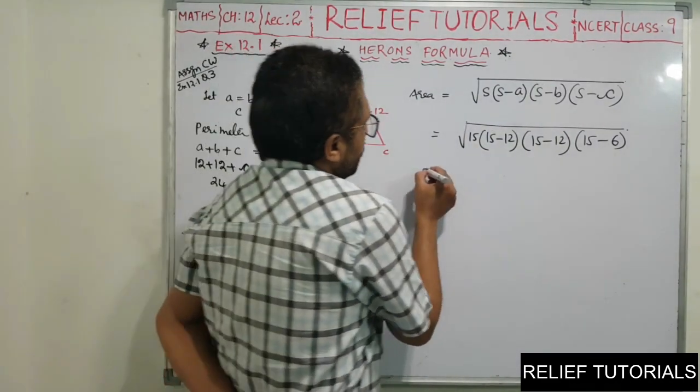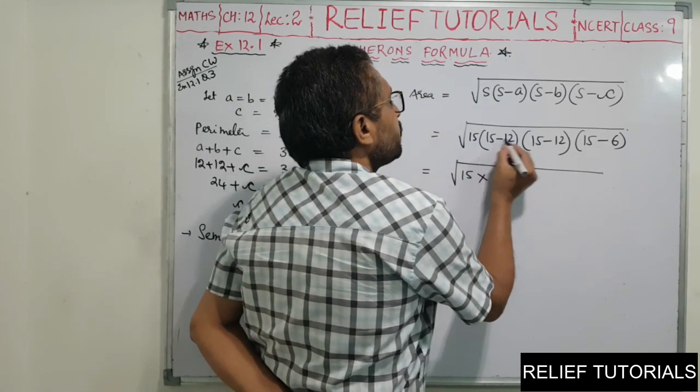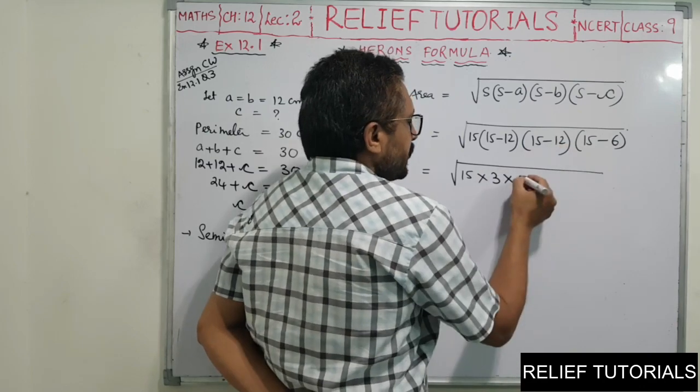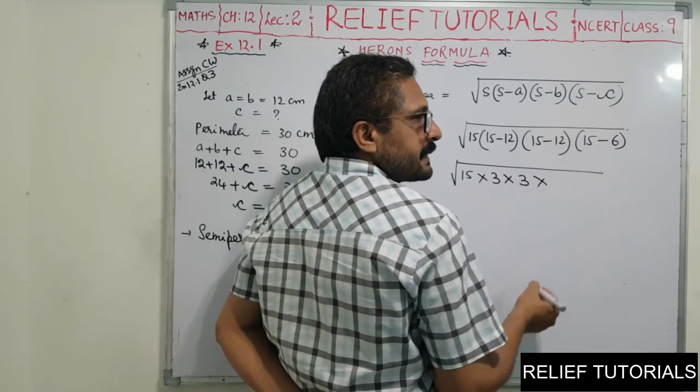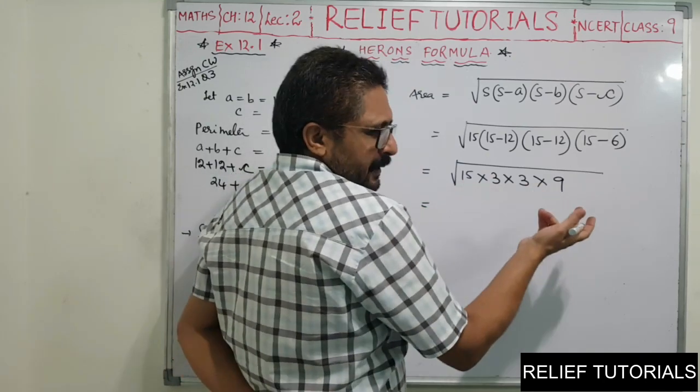So now root of 15 minus 12 is 3, 15 minus 12 is 3, 15 minus 6 is 9. If you want to multiply, you can multiply.